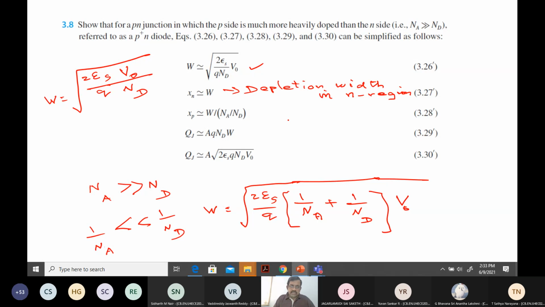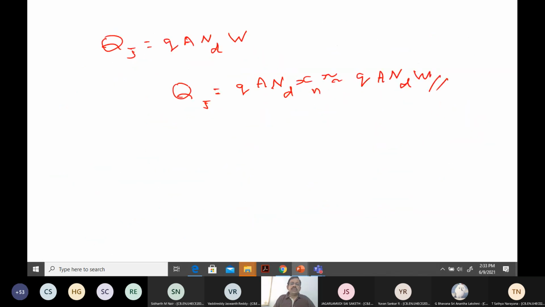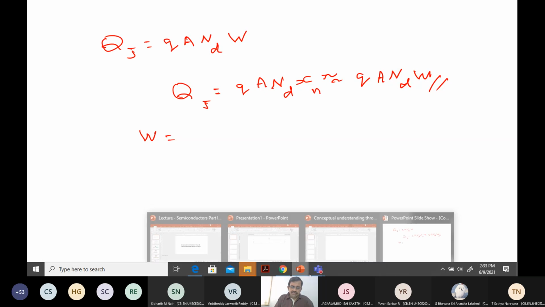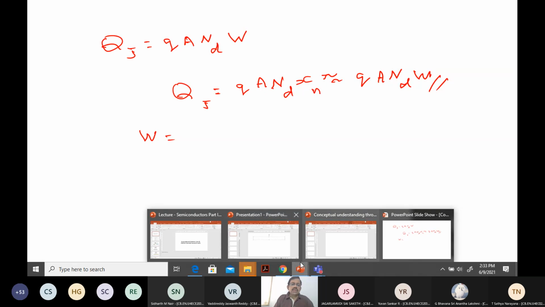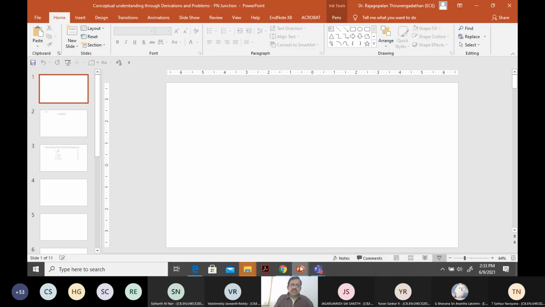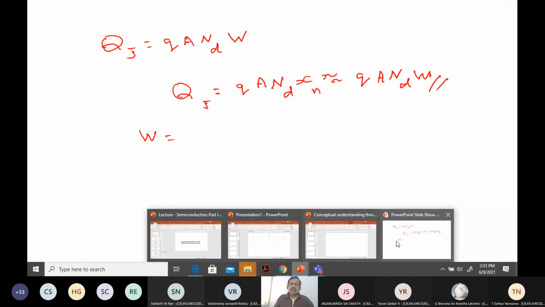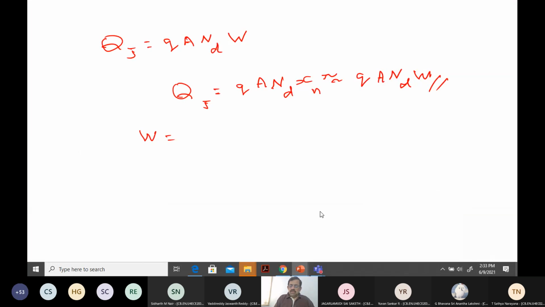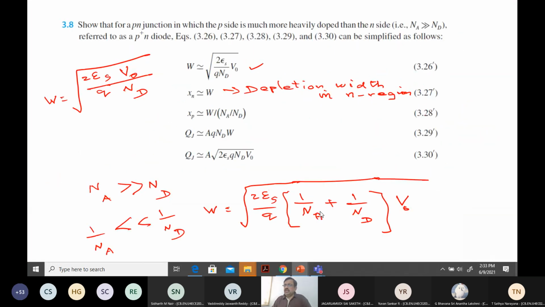So let us write that equation. W, we have proven that. What is W? We have proved it to be W equal to, wait a second, square root.